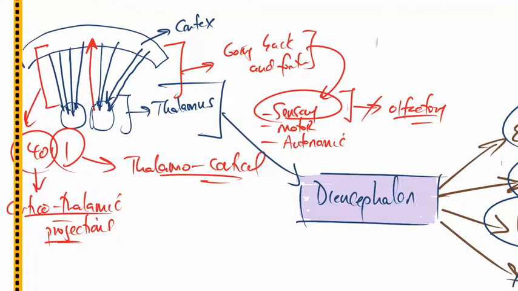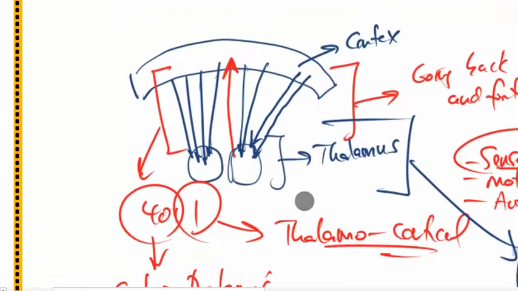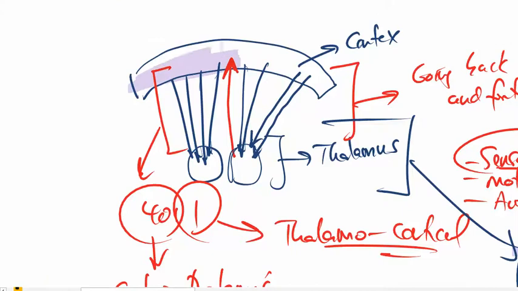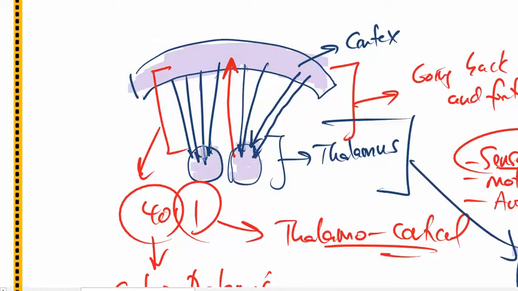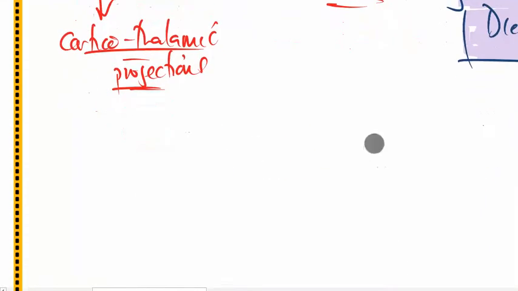So that's particularly important. This interaction between the cortex and the thalamus is important, right? So you guys should just take note. There's going to be interaction between the cortex and the thalamus.